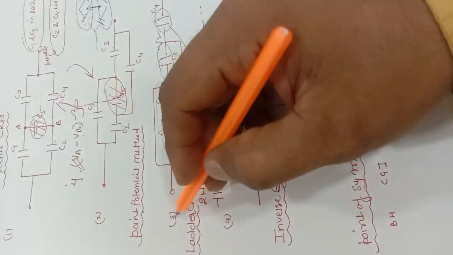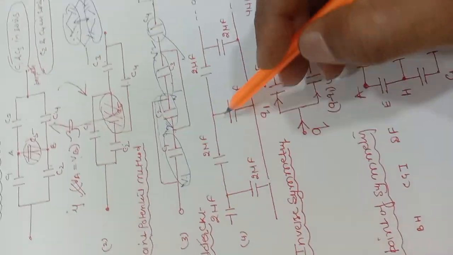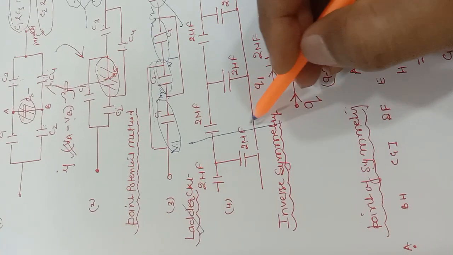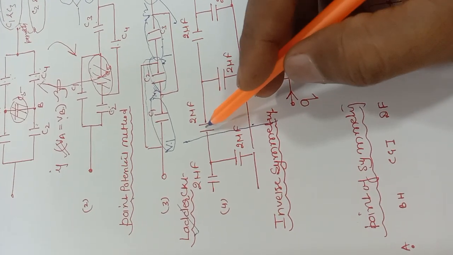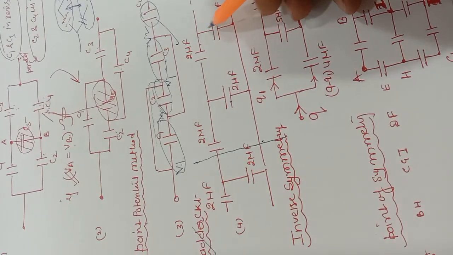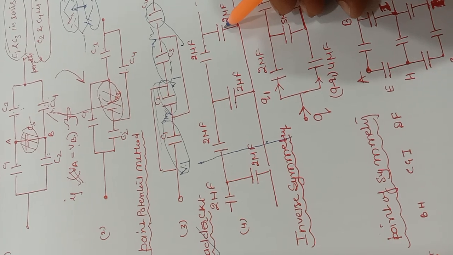Now next is called the ladder circuit. Here we can see a repeated unit. If we draw a vertical line here, we see 2 farad, 2 farad, 2 farad, 2 farad, and it keeps repeating itself.